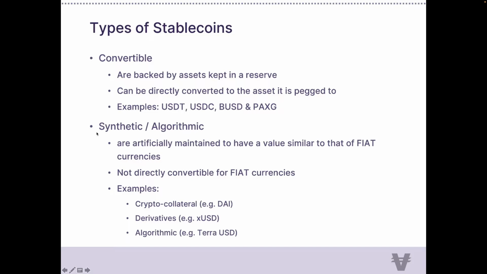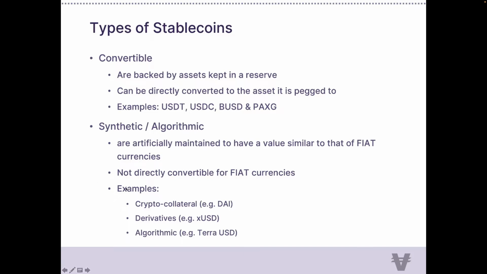Then we have the synthetic or algorithmic stablecoins. These are artificially maintained to have a value similar to that of fiat currencies. We call that a soft peg because they're not really pegged to the US dollar, but artificially maintained, so they're not directly convertible to fiat currencies.